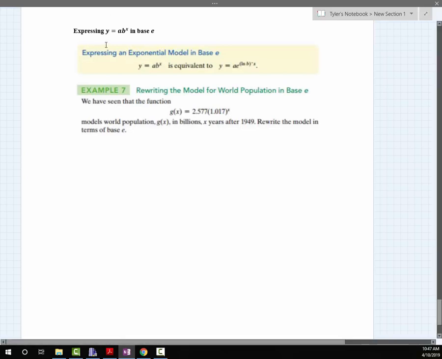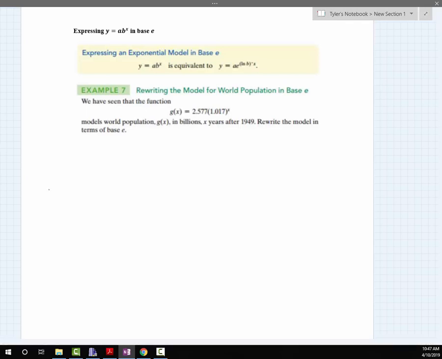So if you have y equals a b raised to the x power, that's the same thing as y equals a e raised to the natural log of b times x, because e raised to the natural log of b is just equal to b. That's why they're equivalent.